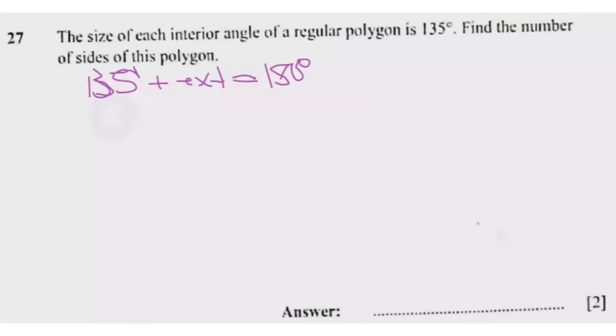We say the exterior angle is equal to 180 degrees, then 135 degrees will cross the equals sign, so it's a minus 135 degrees. So we say equal to 180 degrees minus 135 degrees, which will give us 45 degrees.